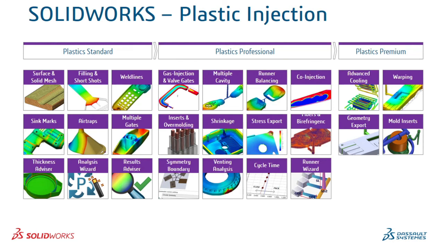Now if I talk about the product SolidWorks Plastics which we are offering, it has three basic versions: standard, professional, and premium, and according to the application you can choose which one would be better suited for your industry, correct? With standard, you are able to check all the short shots, filling, weld lines, sink marks, air traps, and so on. If you want to do multiple cavity or runner balancing, if you want to use the runner wizard, right, or provide inserts, you can opt for professional.